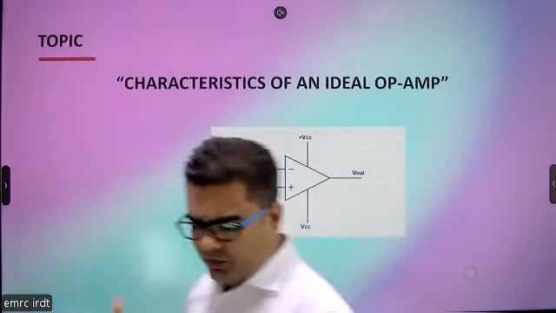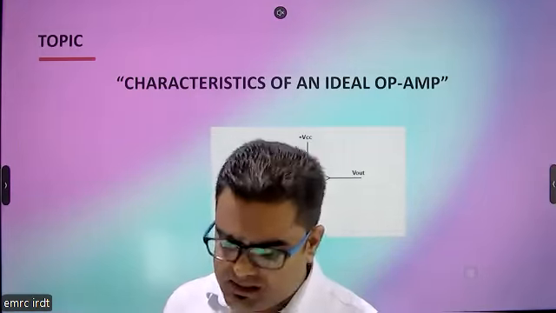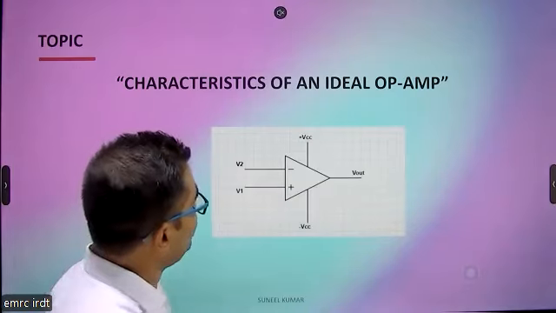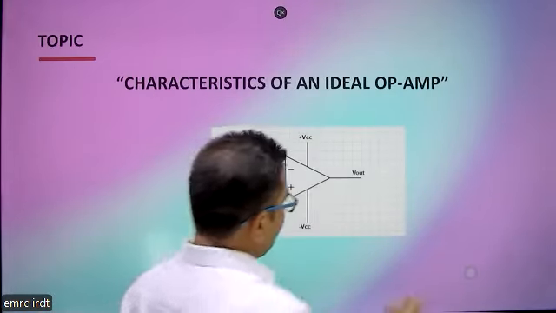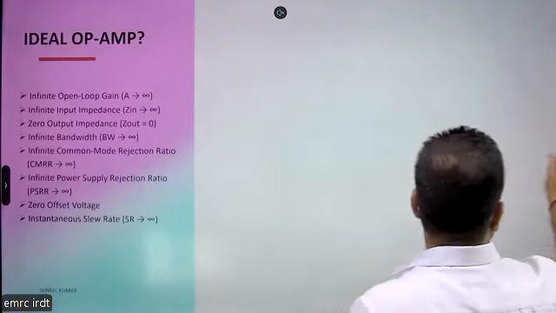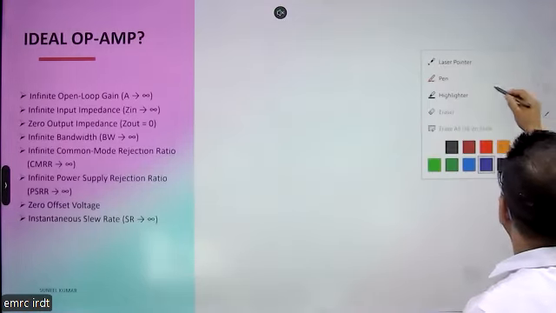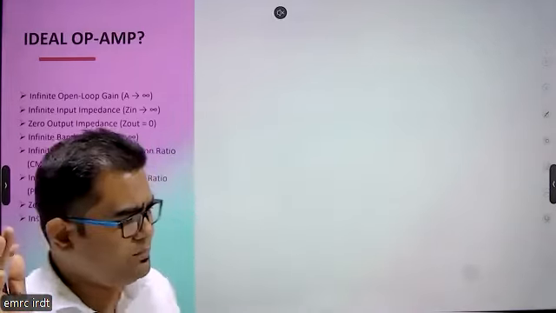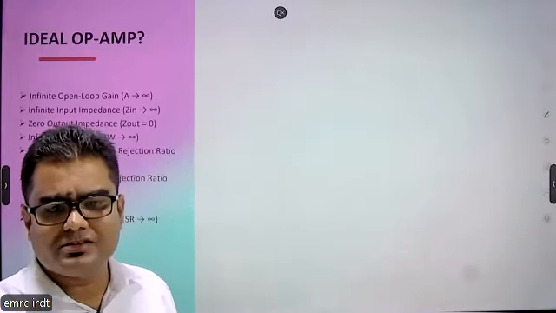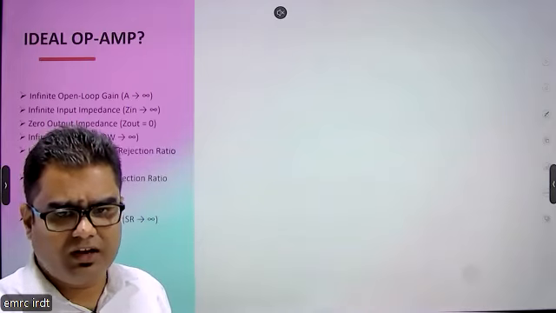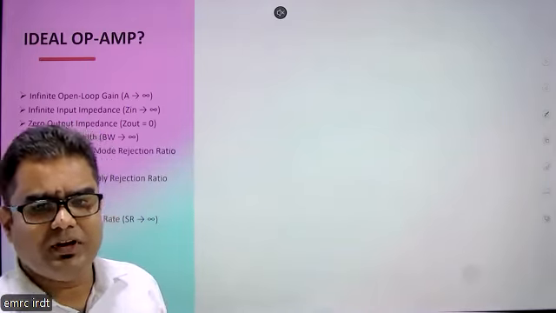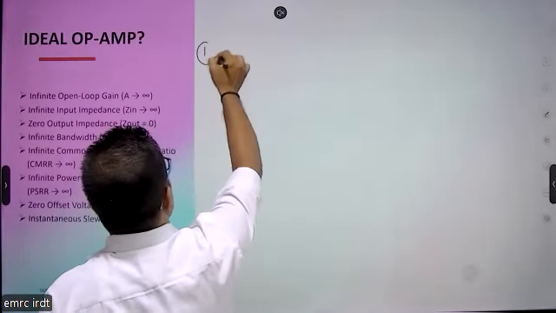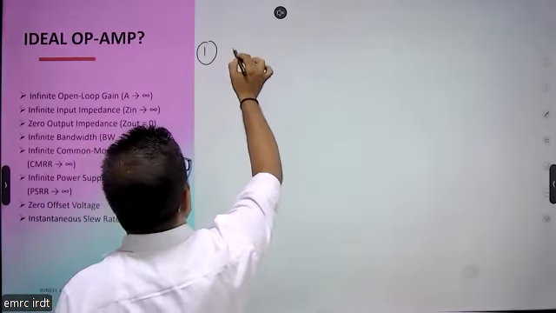So now we are going to discuss the characteristics of an ideal operational amplifier. What should be the characteristics of an ideal operational amplifier? Here we know that for any kind of amplifier, the input impedance or input resistance must be infinite, and the output resistance or impedance should be zero. First, we write gain.